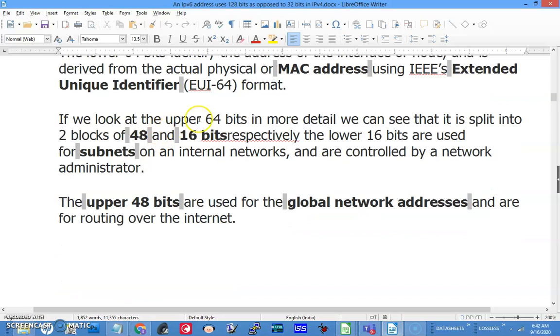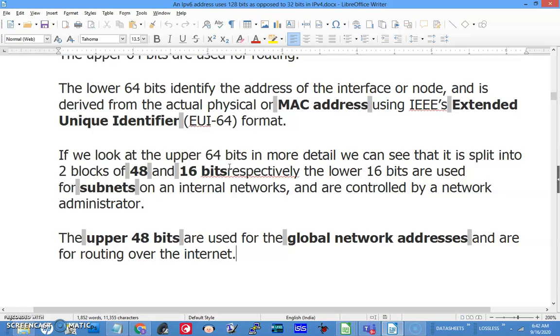If you look at the upper 64 bits, it is again split into two blocks of 48 and 16. The lower 16 bits are used for subnets or internal networks, and the upper 48 bits are the global network address, which is globally unique and used for routing over the internet. Please make a note of all these terms.